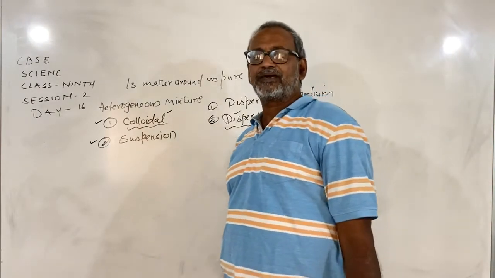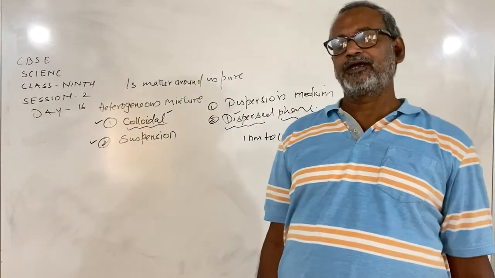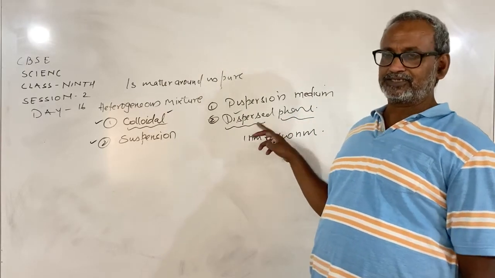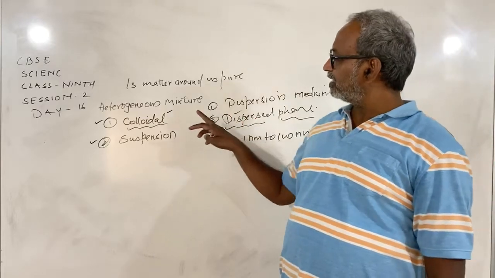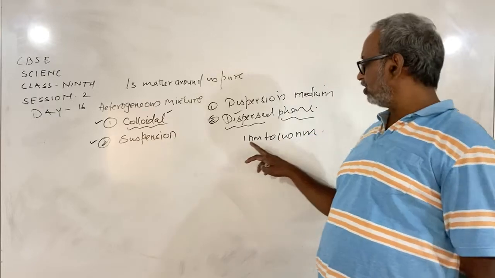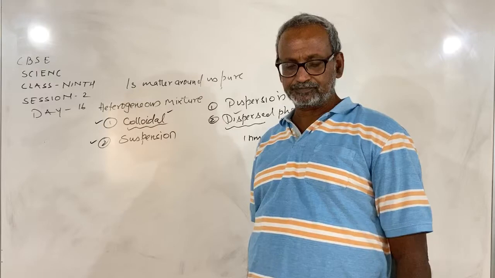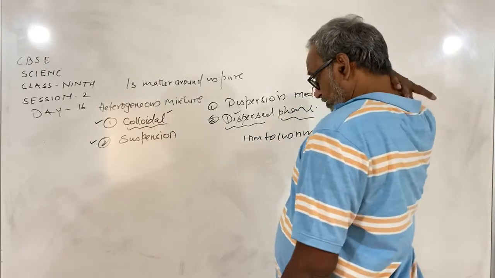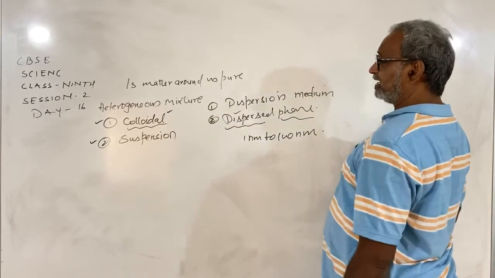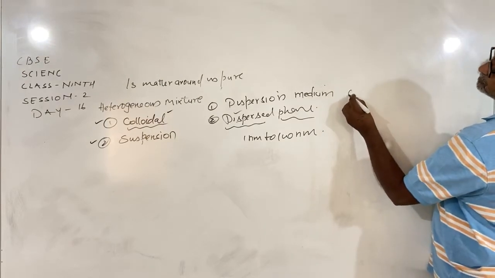So a colloidal may be defined as a heterogeneous mixture in which the particle size of the dispersed phase is between a true solution and a suspension, that is from 1 nanometer to 100 nanometer. A colloidal solution has certain characteristics.